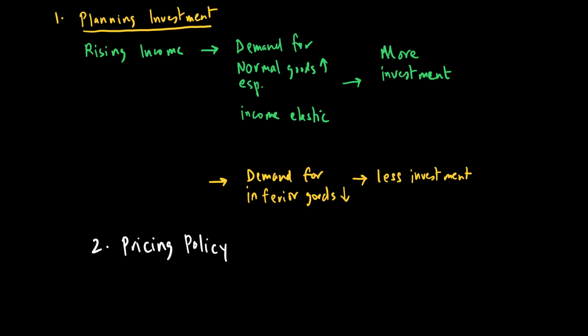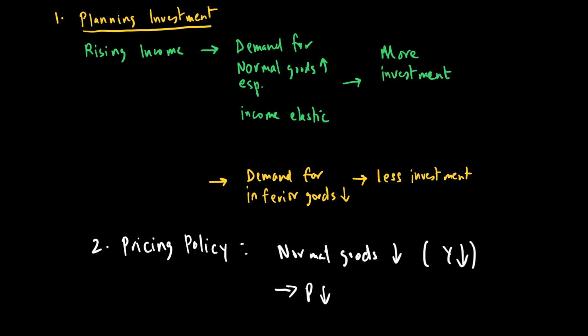Similarly, in pricing policy, I think YED can be useful. For example, if incomes are falling, an economy is not doing well, let's say in times of recession, then demand for normal goods will tend to fall. And if I'm a producer and I want to arrest the declining sales or reduce the fall in demand, I may sometimes lower price to make the good more affordable.